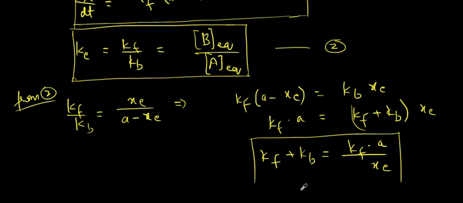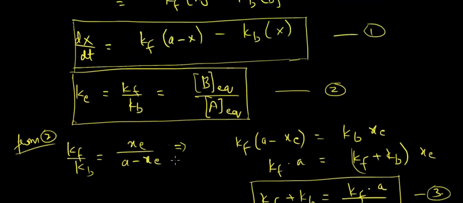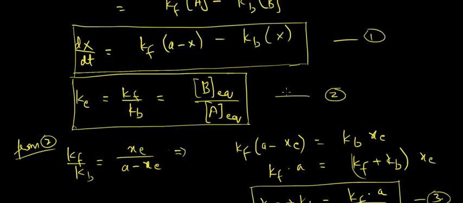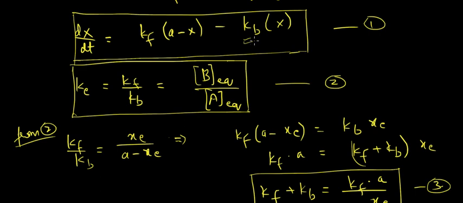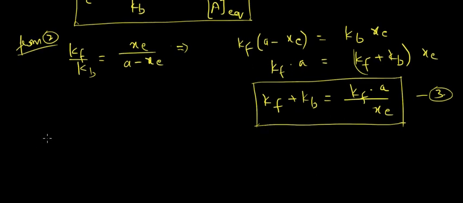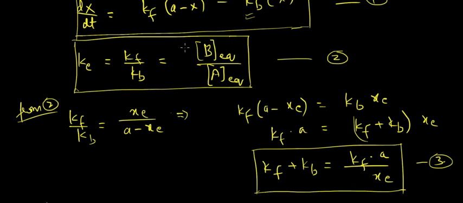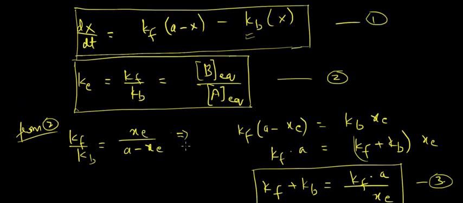Let's mark it as a third result. Okay, so from equation 1 and 2 we can write that dx by dt was equal to kf times a minus x minus kb times x.